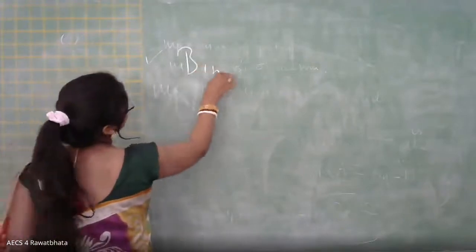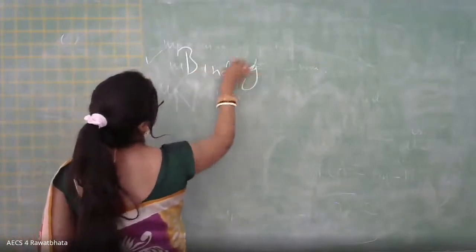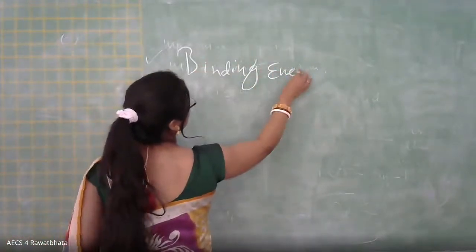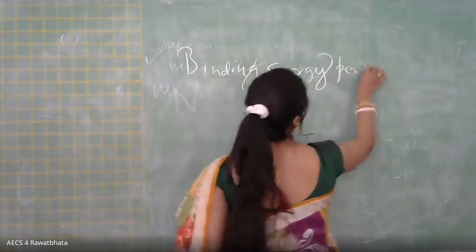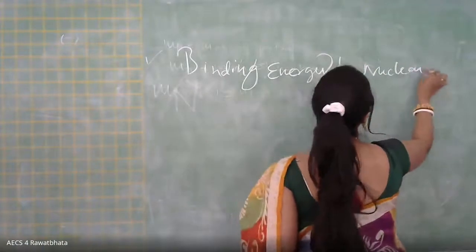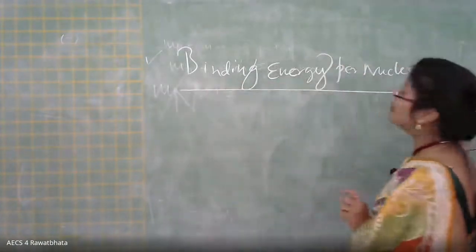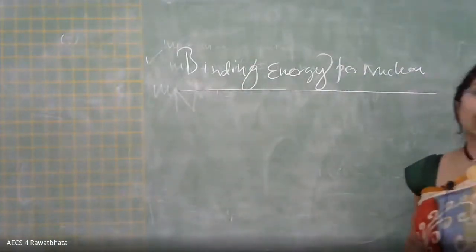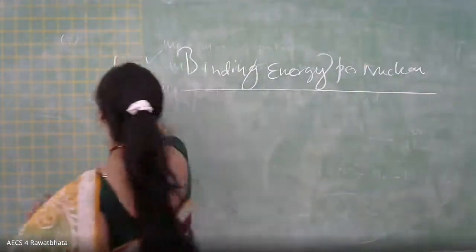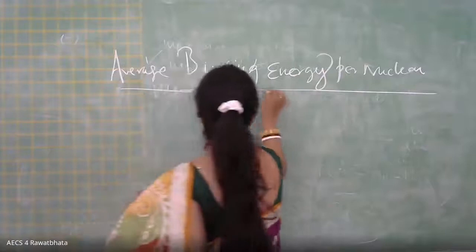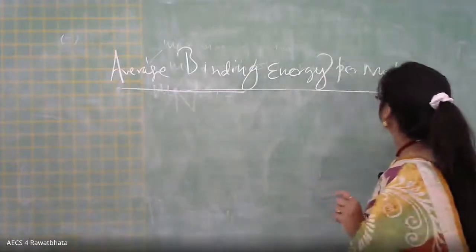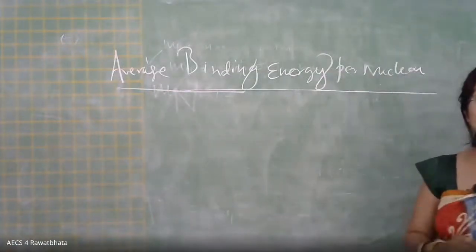Now the next part is regarding binding energy per nucleon. Or better, you can use the words average binding energy per nucleon. From the name itself, per nucleon means a single nucleon.